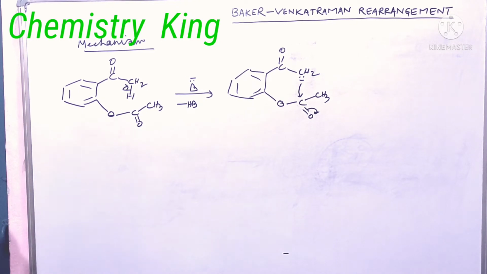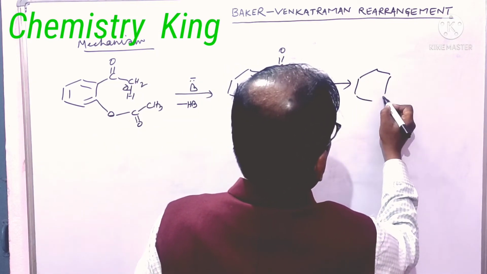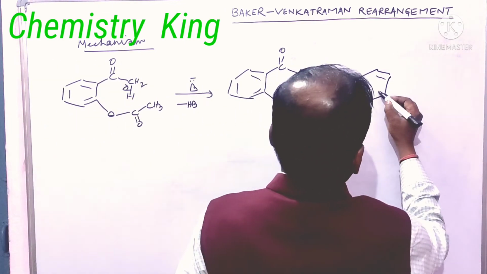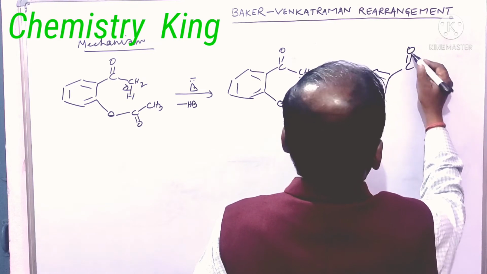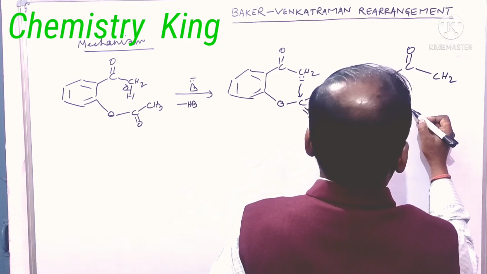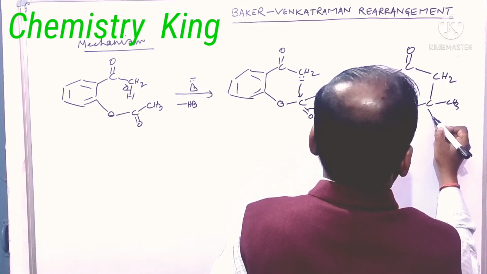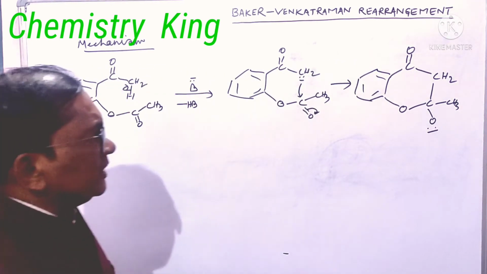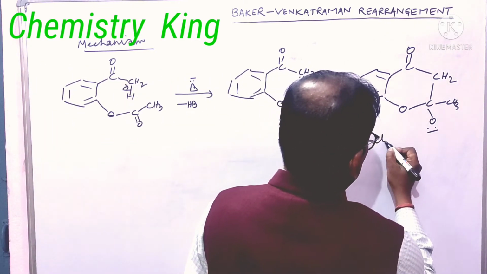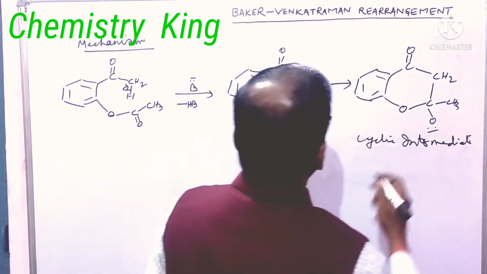Now what will happen? You will get C double bond O, CH2, O, C, CH3O minus. It is a cyclic intermediate.